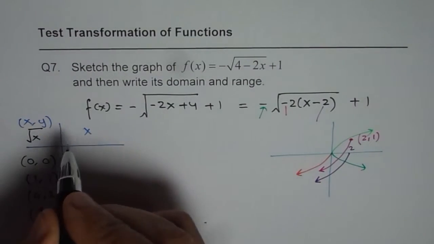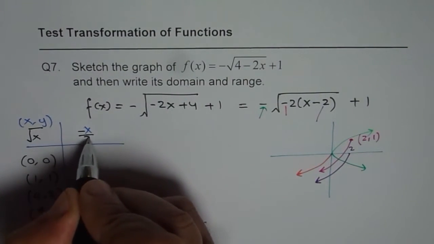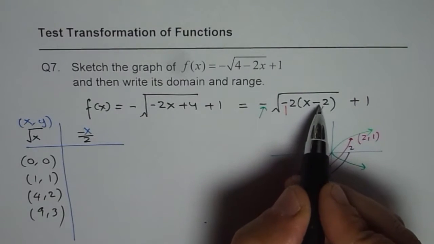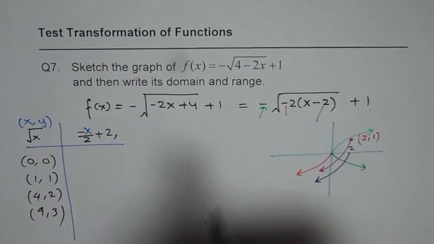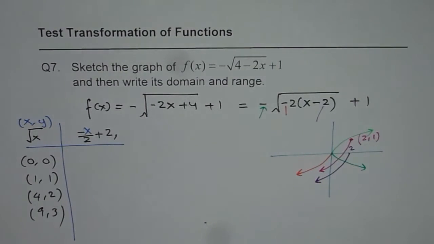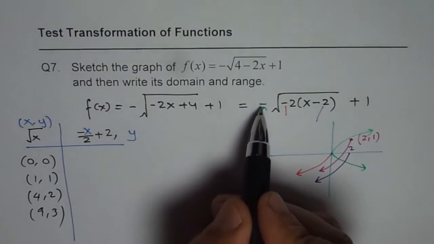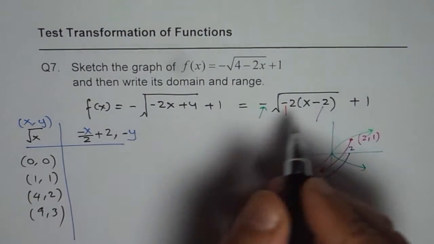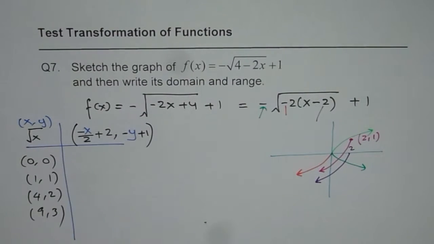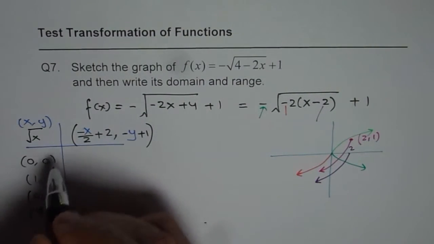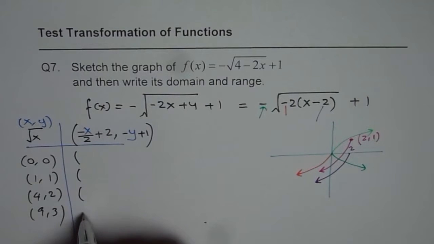The x points become negative half, and then you have to add 2. As far as the y points are concerned, they become negative, and then we add 1 to it. So that is the transformed point. Applying this, we can write down x and y points.